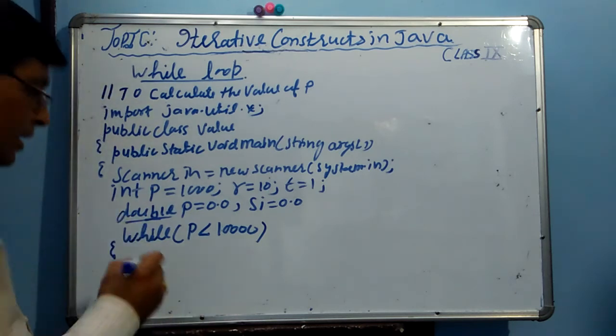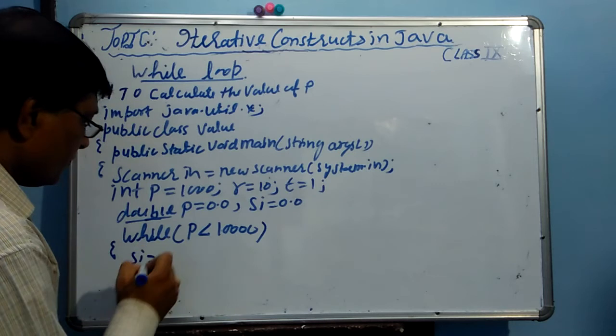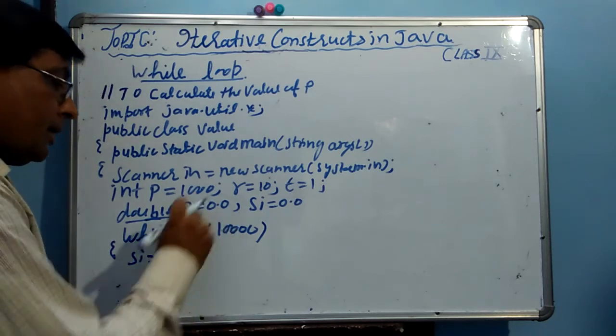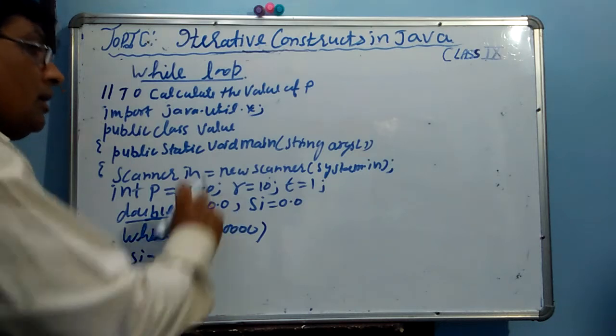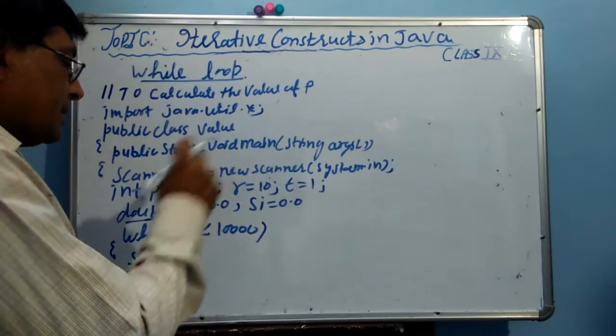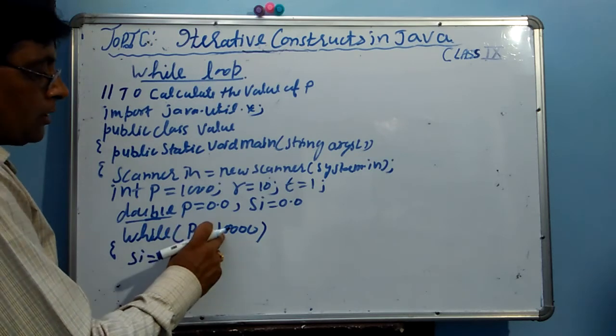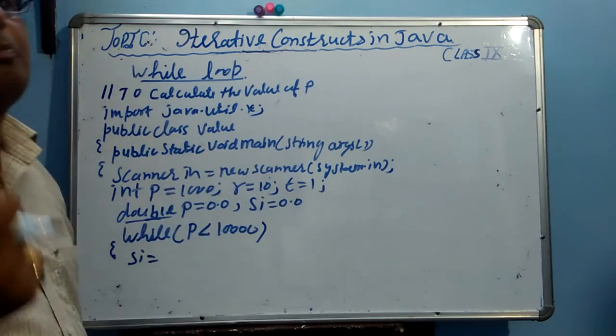The loop will continue when the value of P is less than 10,000. When the value of P exceeds 10,000, the program will stop.